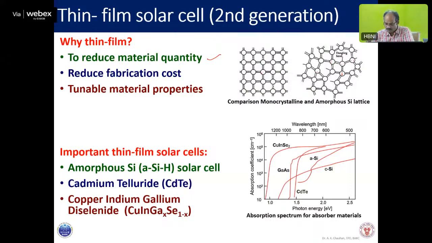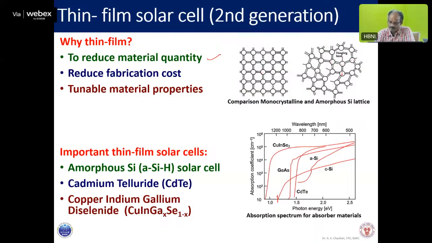As we already know, absorption is very important for solar cells. For different solar cells, if we have crystalline silicon, nearly 1.1 eV or more of the spectrum is absorbed.